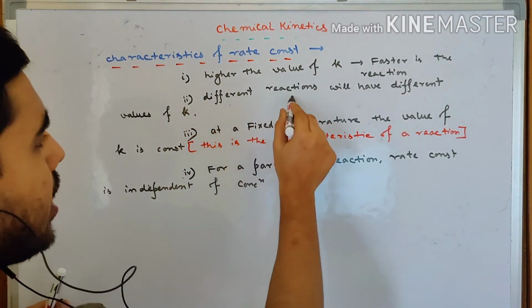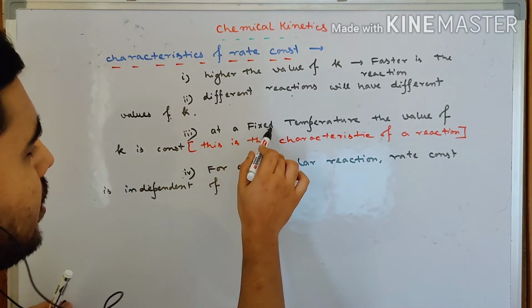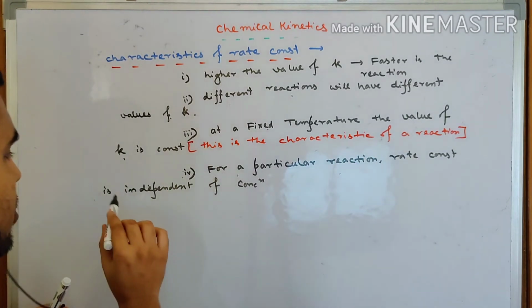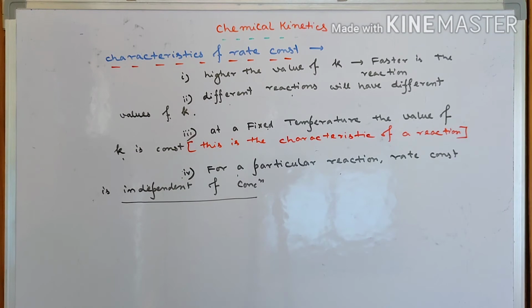Different reactions will have different values of K, and for a particular reaction at a fixed temperature, this value is constant, and for a particular reaction, rate constant is independent of concentration. So this is all about the rate constant.